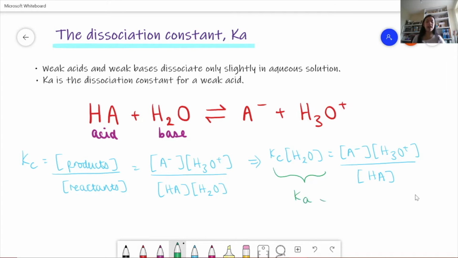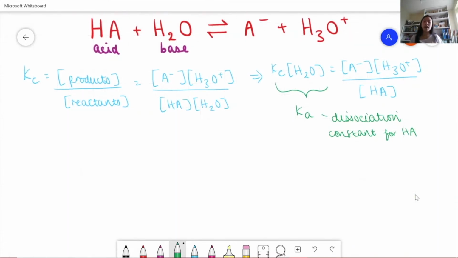This is Ka, and this is the dissociation constant for the weak acid, so for HA. So we have Ka is equal to the concentration of A minus multiplied by the concentration of H3O plus, all divided by the concentration of HA.